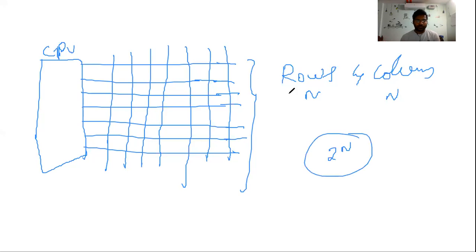Each cell is connected by one memory device. Each row and column is connected by one memory device like this. So it is connected to both the row and the column. I draw just this symbol to represent this. So this is one cell.